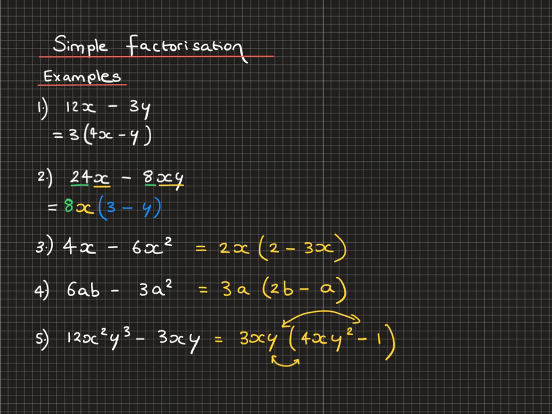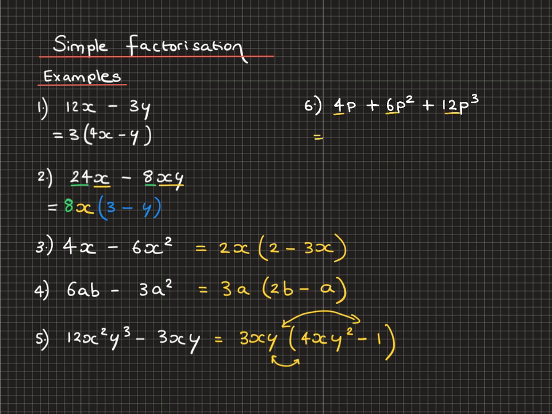Let's do one last example together. Put it up here, call it example 6. Let's suppose we have 4p plus 6p squared plus 12p cubed. We've got 3 terms here, but we can still carry out a factorisation. Let's look at the numerical parts first. 4, 6 and 12.